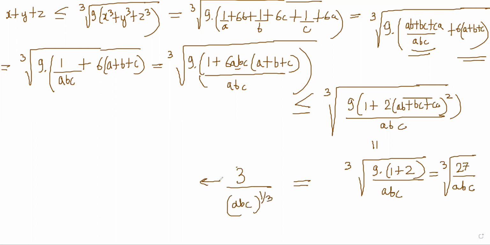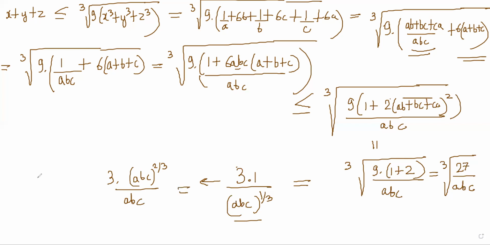And on top, we can write a 1. So this ABC to the power 1 by 3, we can write as ABC to the power 2 by 3 divided by ABC, right? That makes sense. It is still ABC to the power 1 by 3, right?